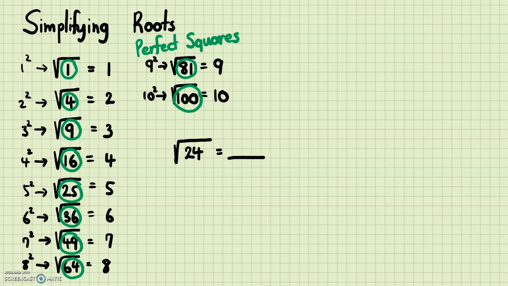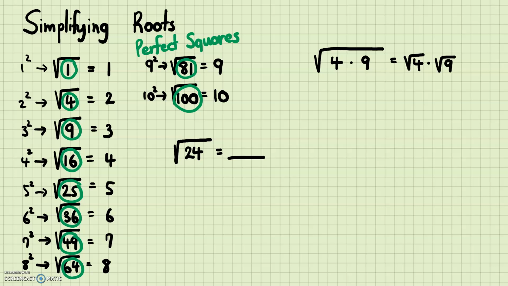And before we actually simplify this, I would like to introduce you to a property of roots. So, for example, if I'm taking the square root of two numbers that are being multiplied, so let's say 4 times 9, I can distribute the square root to both of these numbers like this.